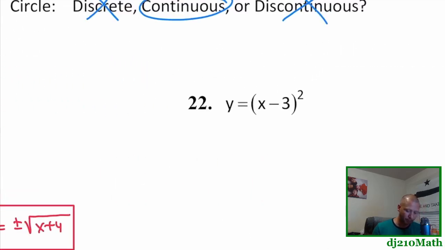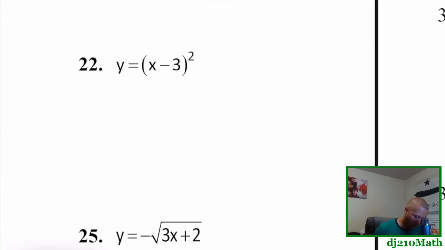Number 22. y equals the square root of x. So swapping x with y. And now isolating y. So I have to get to the y.